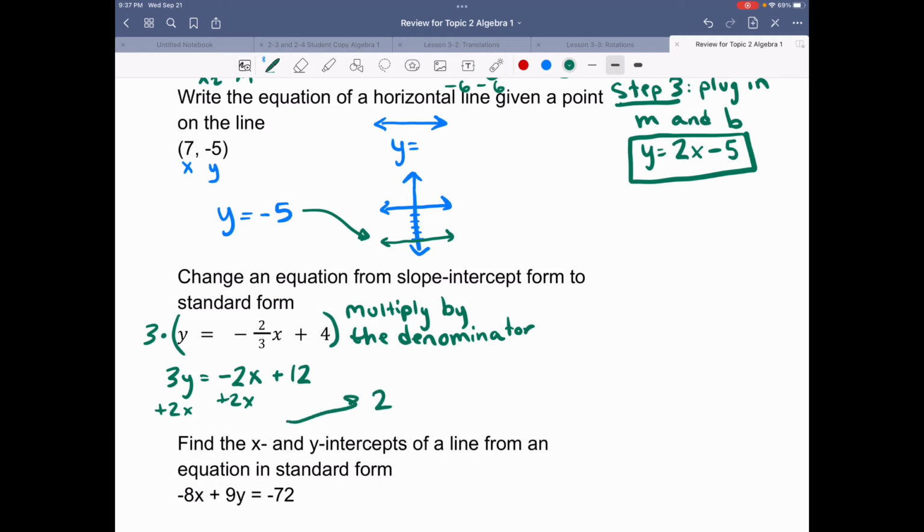So it becomes 2x plus 3y equals 12. So think about how I got that from adding 2x to both sides. And now it's in standard form.